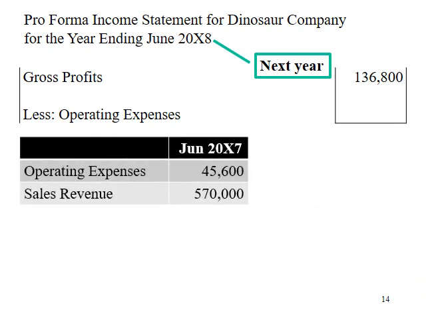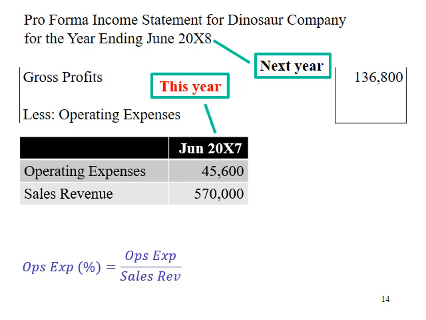From the table, we can see operating expenses and sales revenue for this year. Let us find the percentage of operating expenses equal to operating expenses divided by sales revenue. Use this year's figure, 45.6K divided by 570K gives you 8%.